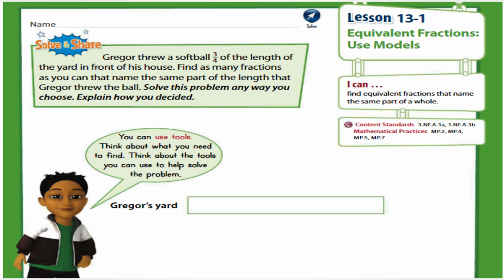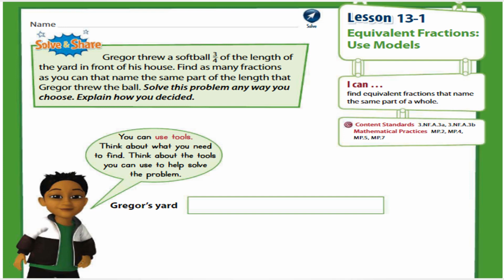Okay, so lesson 13.1, the problem: George threw a softball 3/4 of the length of the yard in front of his house. Find as many fractions as you can that name the same part of the length that George threw the ball. So simply you have to find the equivalent fraction of 3/4 and we can do it just like 1, 2, 3.